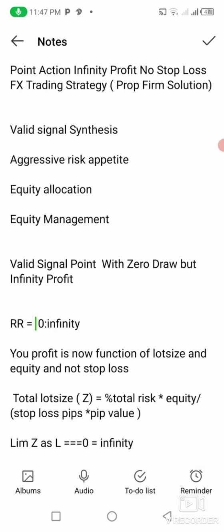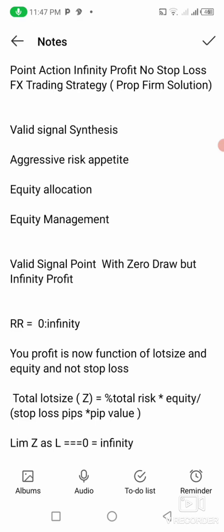The pip value is the cost or the value of a pip in dollars. Every asset has a pip value, both in forex and the synthetic market. It's left for you to know those pip values, but along this video I'm going to show you how to know the pip value.